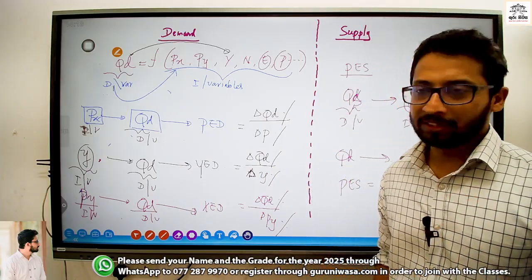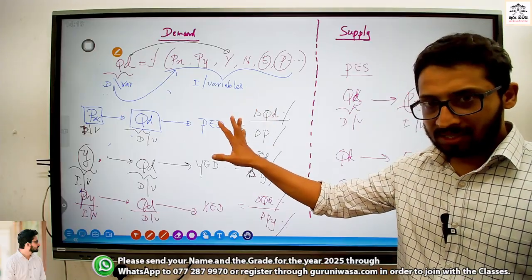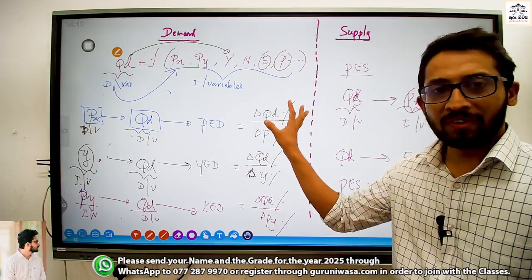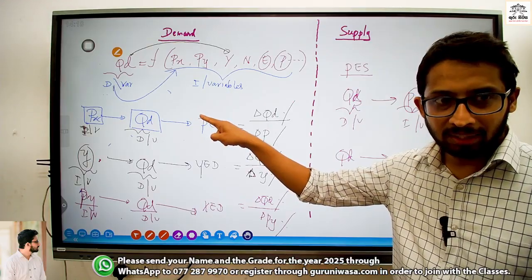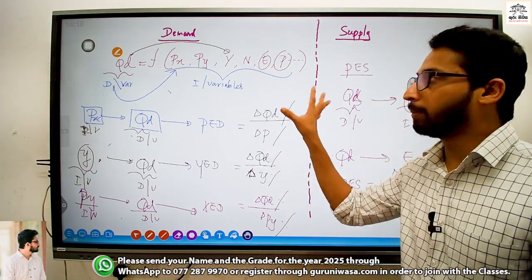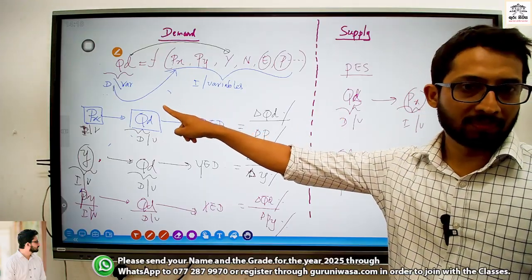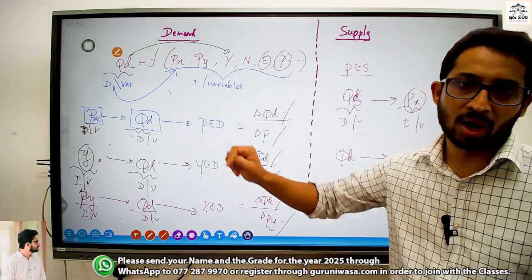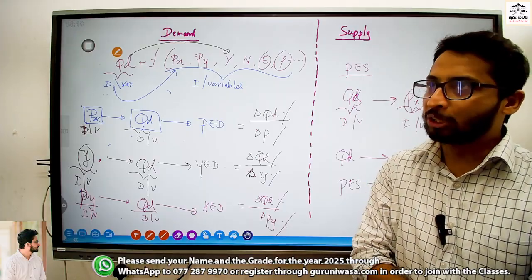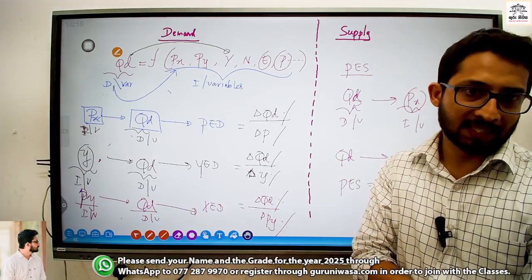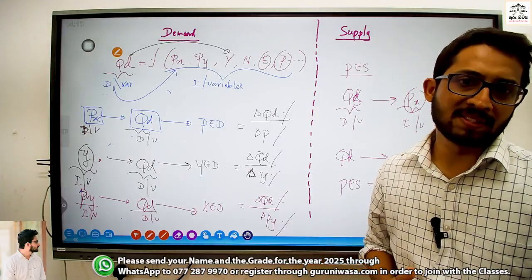Wait, Lamai. Small question. On the demand side, there are so many factors affecting demand of a product. There are so many independent variables affecting quantity demand. But we calculate three types of elasticities or three main concepts.